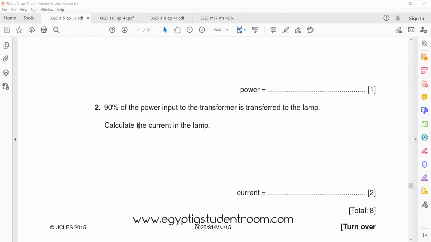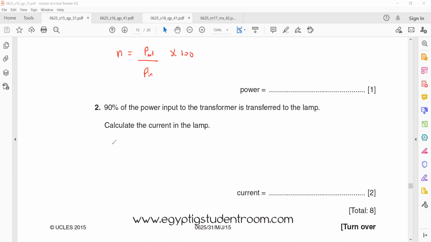Now, 90% of the input power. So they give you a practical question: 90% of the power input is transferred to the lamp. Calculate the current. If this transformer is not 100% efficient, first we need the output power. We have the formula: efficiency equals power output over power input multiplied by 100.